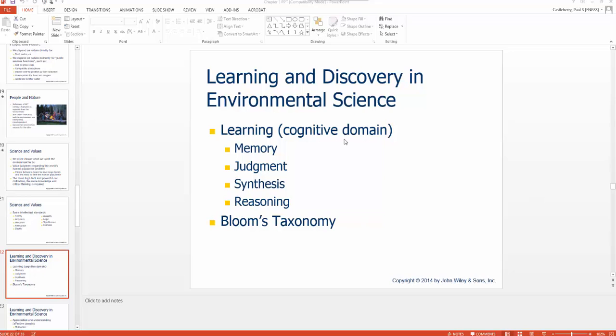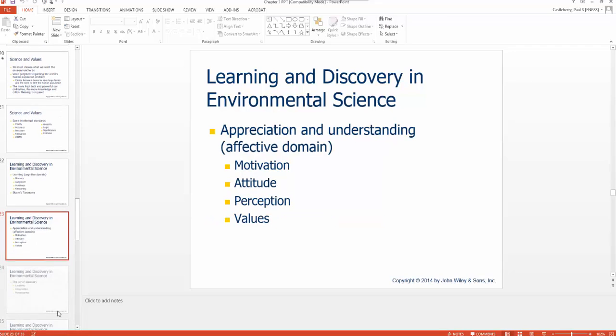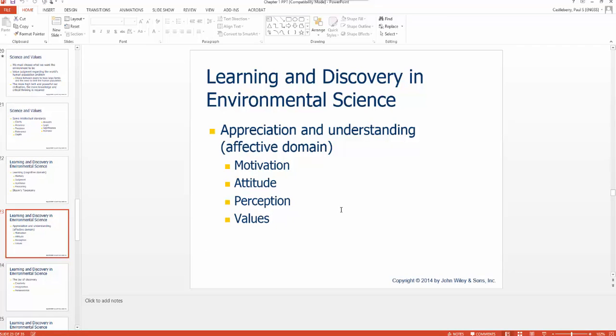So in the cognitive domain, we're talking specifically about memory, judgment, synthesis, and reasoning. Now, as we go on to the affective domain, we begin to look at motivation, attitude, perception, and values. But as you're looking at this, discovery is the key element of the scientific process.